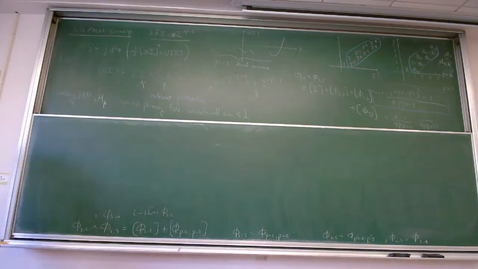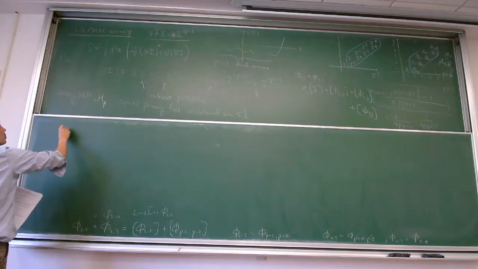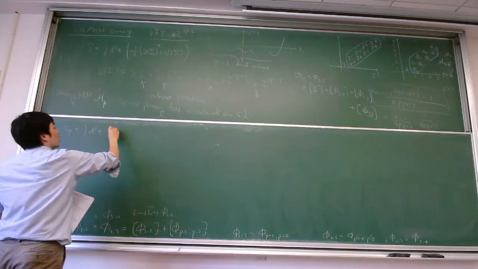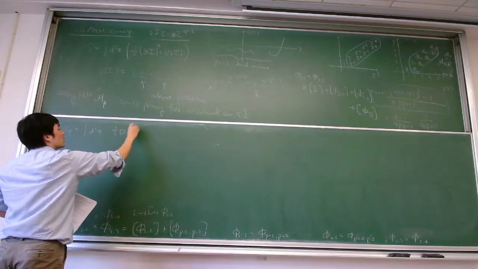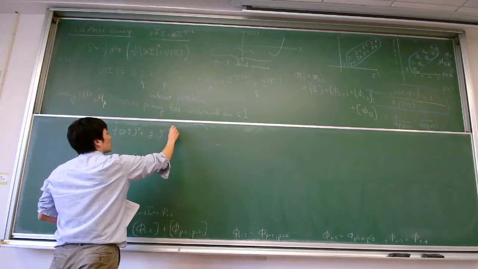Suppose you start with the minimal model. The minimal model action is given by S_p, the integral of d squared z, one half partial sigma squared plus g times sigma squared minus 1.